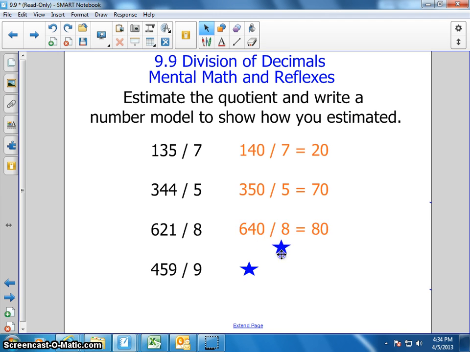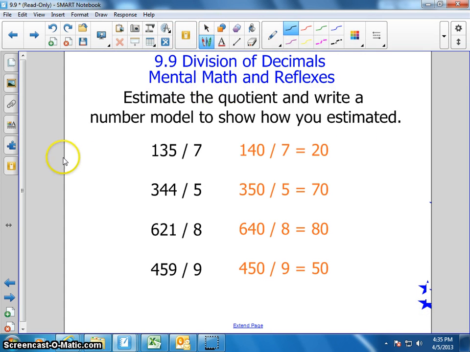And then the third one, about 80. And the last one, about 9. And an easy way to do this: 7 goes into 14 twice, and then you add the 0. 5 goes into 35 7 times, then remember to add your 0, and the same for the last 2.